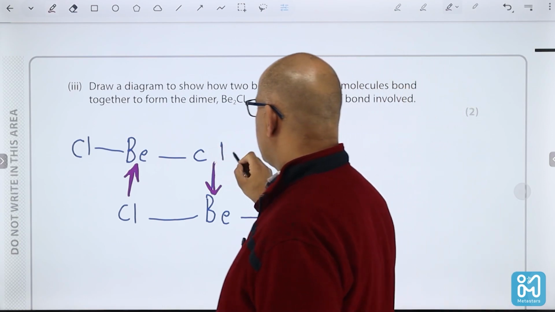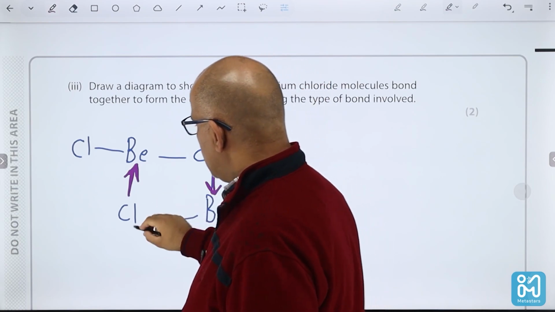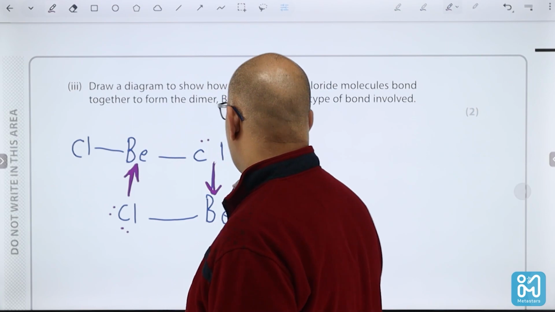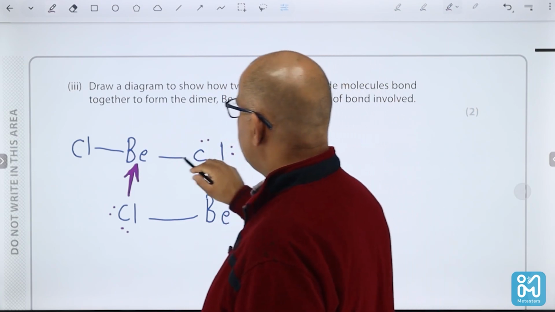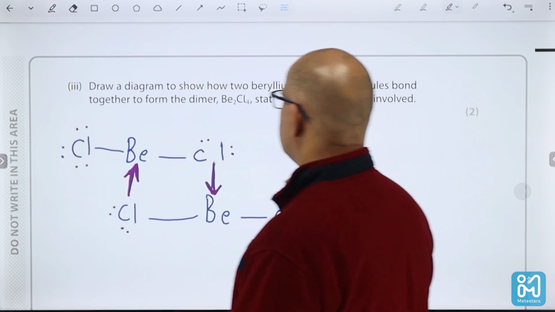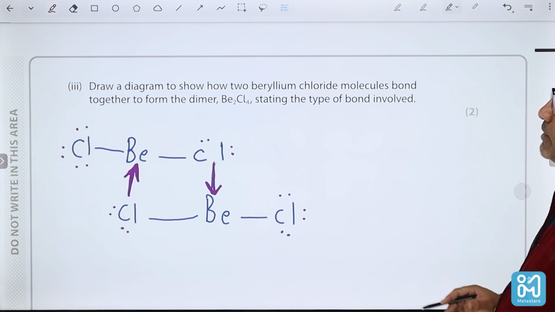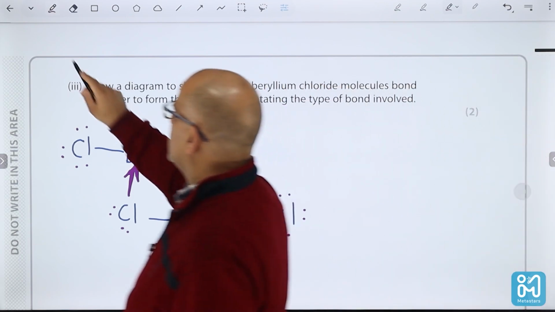And here we have 2, 4, 6, and 8. And here you have 2, 4, 6, and 8, while the others are still the same. So that's what is known as a dimer, the 2 marks for 2 dative bonds from 2 chlorine in different molecules.